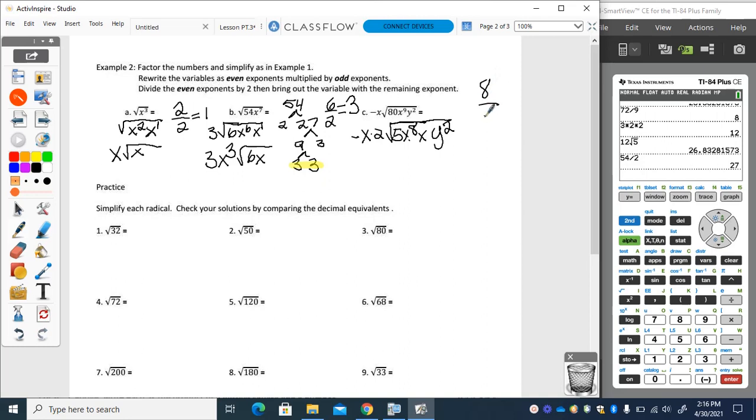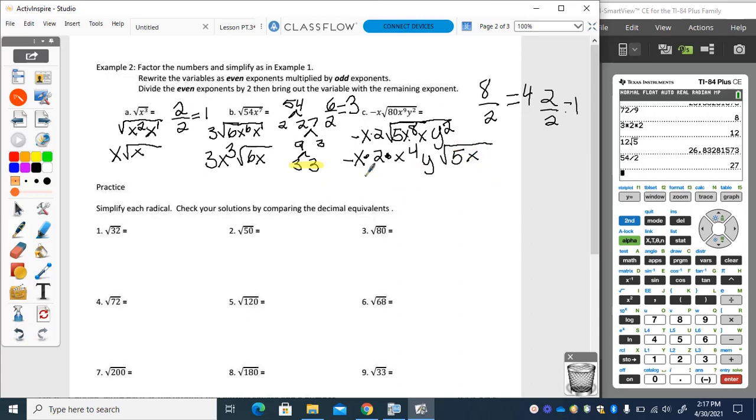We have 8 divided by 2, which will get us 4. So now we have everything on the outside, negative x times 2 times x to the 4th. And then what's 2 divided by 2? Well, that'll be 1. So we have y to the 1st. And then we'll have stuff on the inside. So we'll have the 5 and whatever is left over of those x's. 5 and just x.